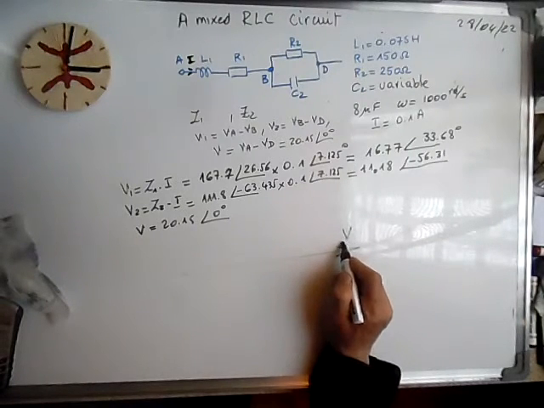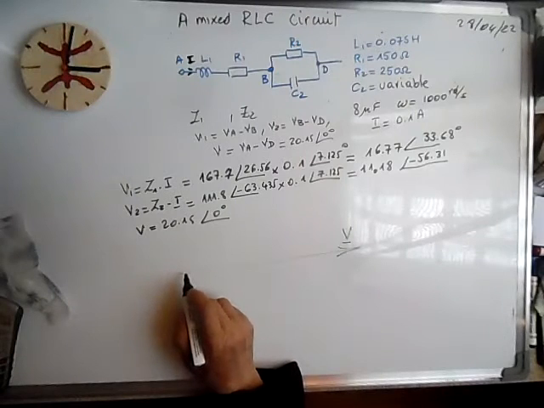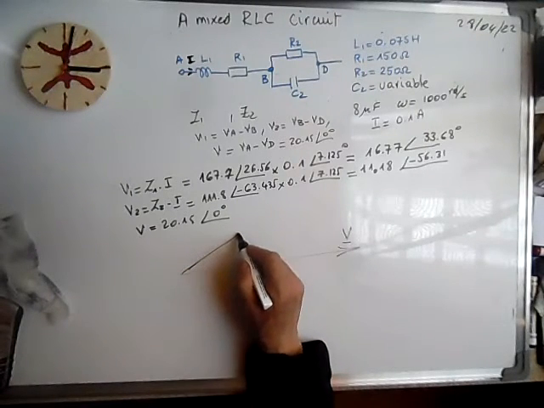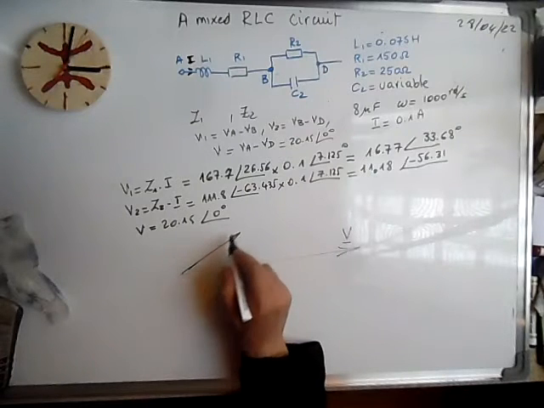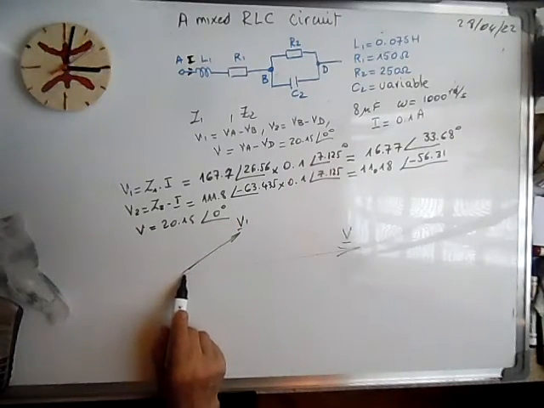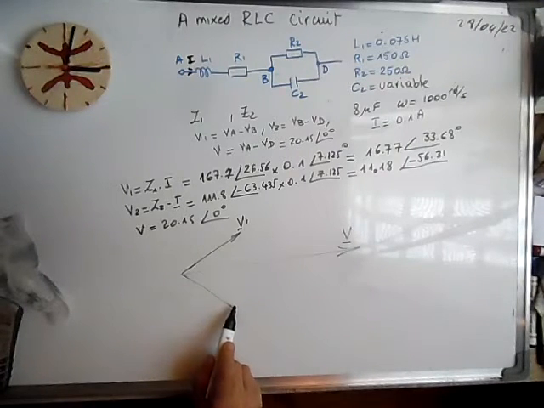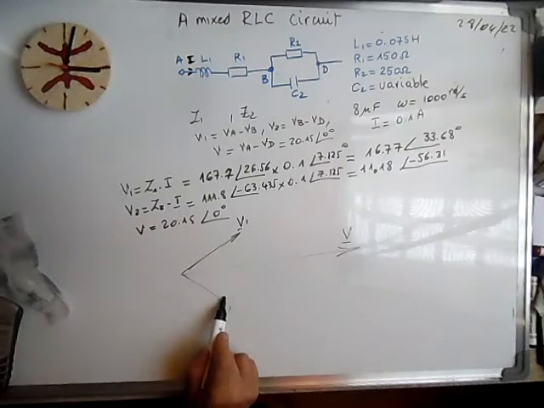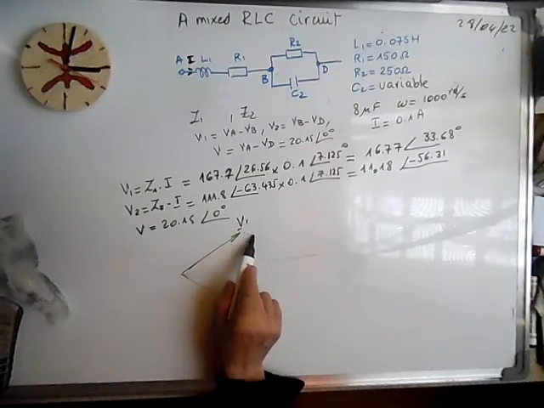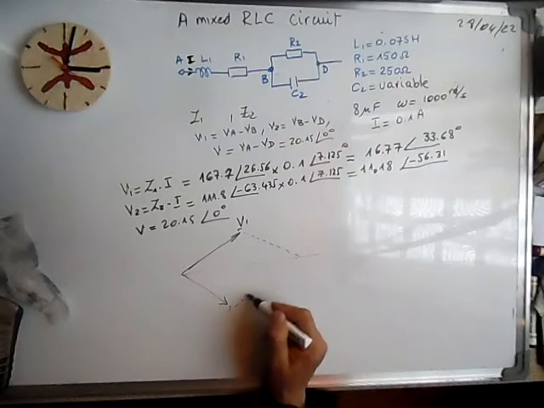This is V. This is V1, 16.77, V2 is 11.18, and the sum of the two gives V. I have to correct this.